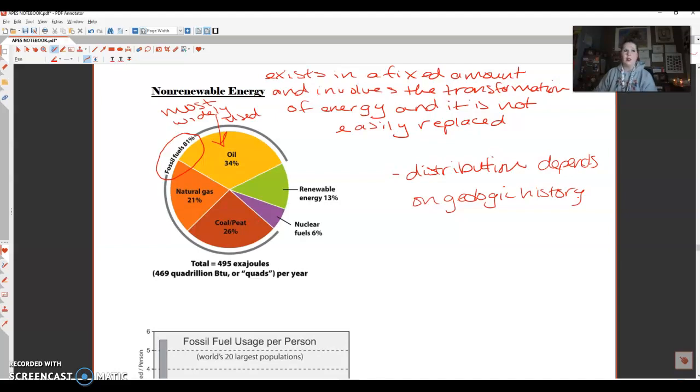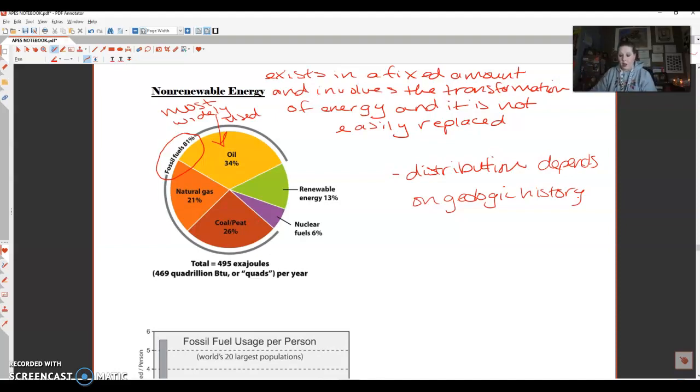And you've probably heard that, yeah, it's dead dinosaurs and stuff that have been liquefied or become coal, which is partially true, but mostly it's decomposed archaic plant matter. So if it's a swampy area, you're going to have more fossil fuels than you would in a desert area. So it just depends on the geologic history of the planet.